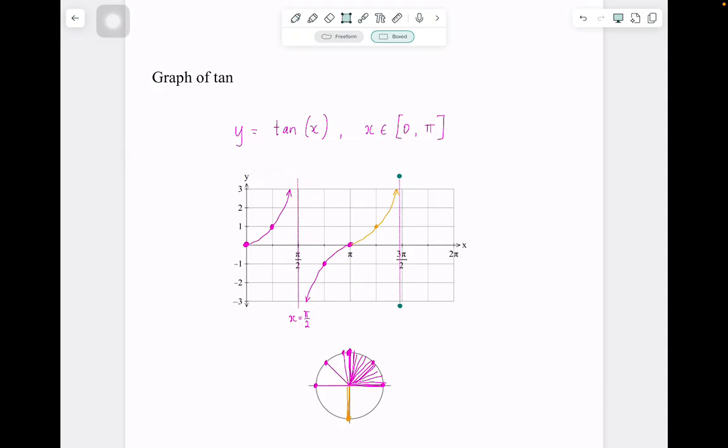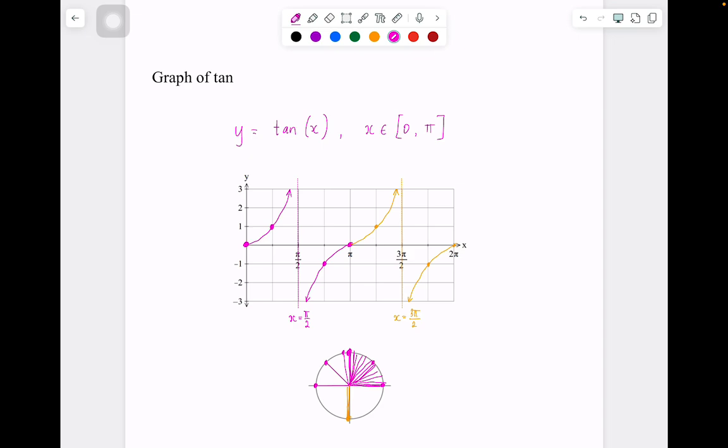So I'll duplicate that asymptote and bring it over here. But since it's an extension of our actual domain, we'll write that in orange. Once that's done, you can see the pattern of behavior continues on like so.